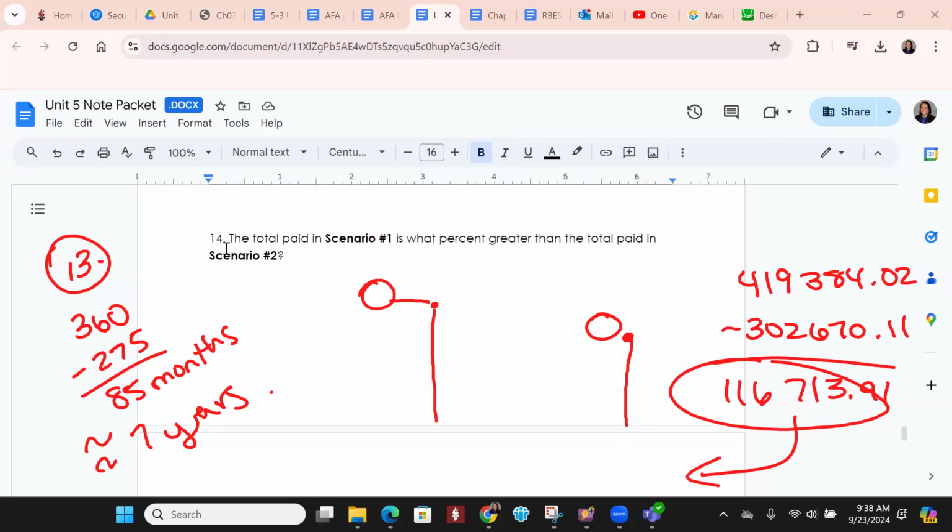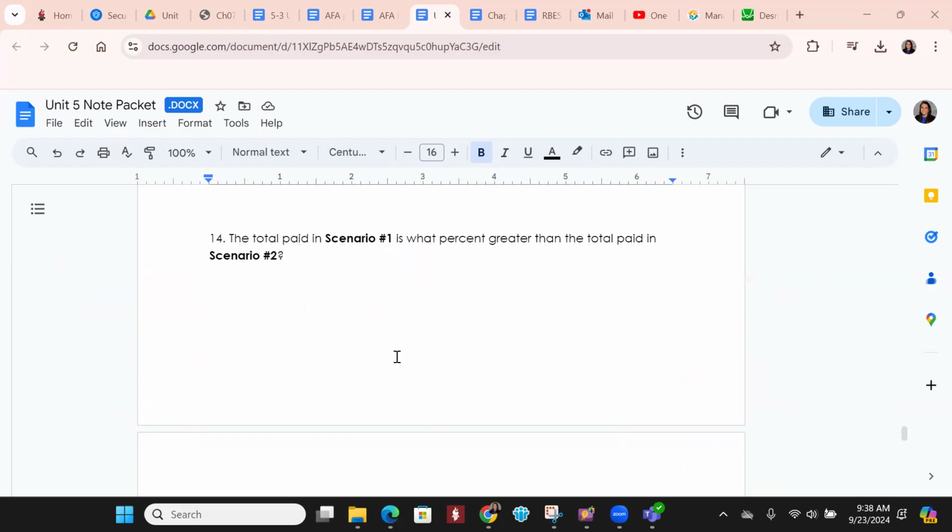All right. So number 14, the total paid in scenario 1 is what % greater than the total paid in scenario 2? Okay. Y'all struggle with these percentages things, right? Okay. So look at how much was paid in total on the first one. So you're looking at the black line.